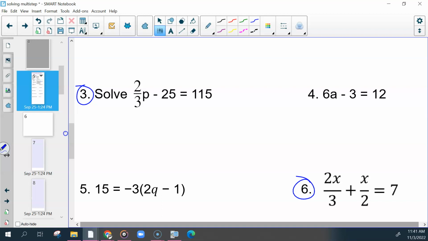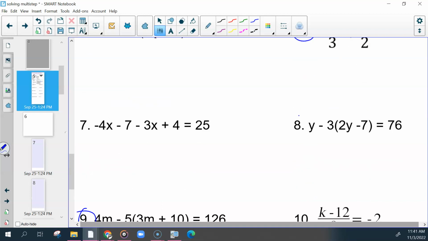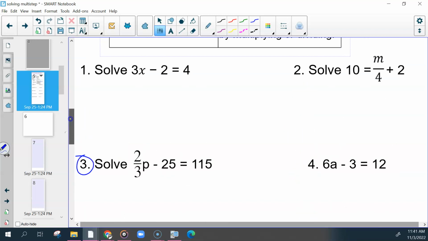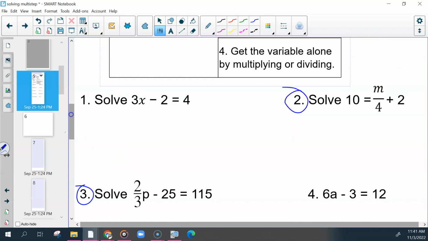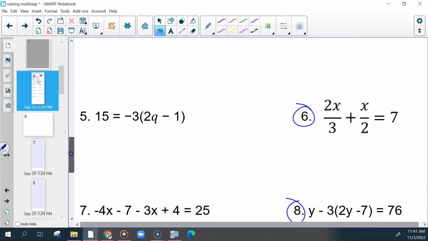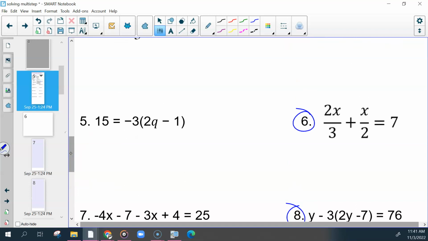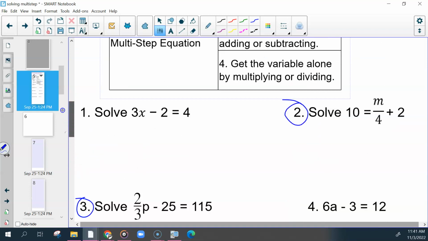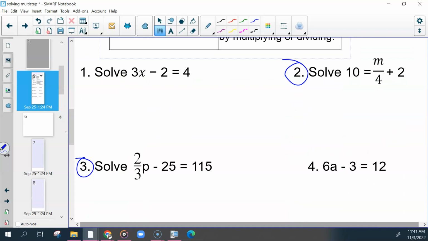Any others? Lily? 8. 2. We got 2, 3, 6, 8, 9. Any others? Alright, so we'll start with those. Start at 2, go our way down, and then do 6 last.